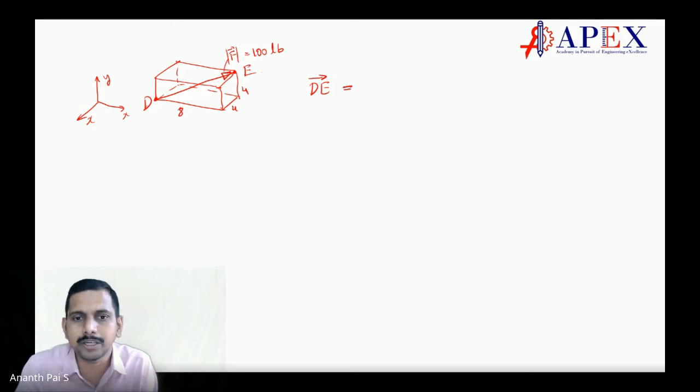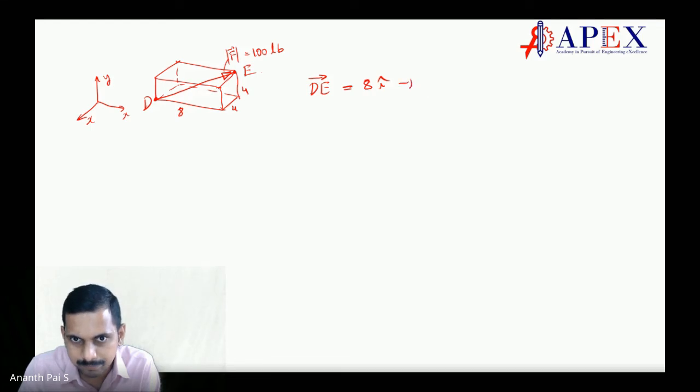So the DE vector, which is the position vector, is given as 8i plus 4j, sorry, this is Z, I'm sorry. So it is plus 8i, then plus 4j because I'm going in the y direction, then minus 4k.